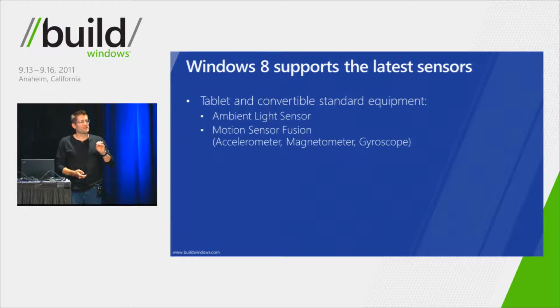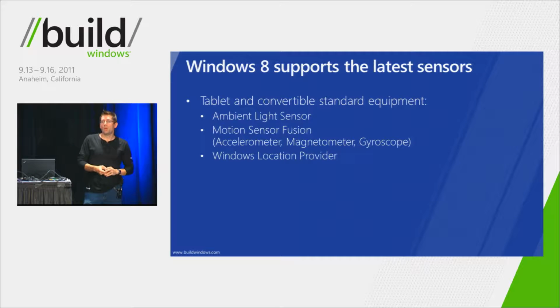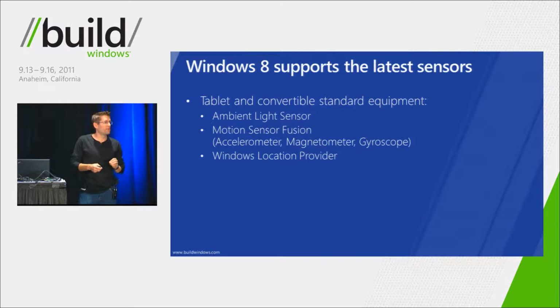So it doesn't stop with sensors. We also have comprehensive support for location. So one of the investments that we made for Windows 8 was to include the Windows Location Provider. And this is a location provider. It's a virtual device that uses Wi-Fi access points and your IP address to pinpoint the user's location whenever they have network connectivity.